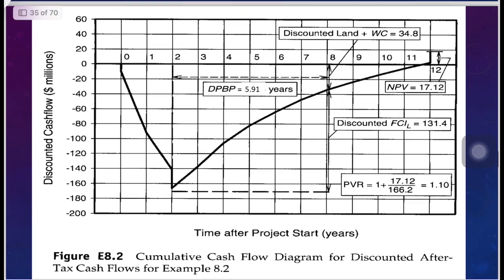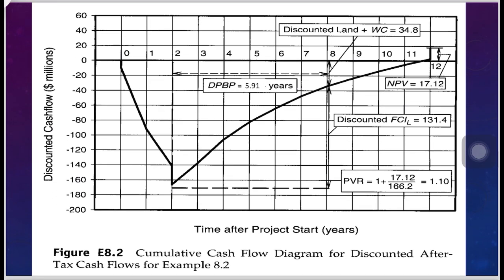So this is what it looks like. The discounted and the non-discounted criterion are actually the same. But it would be best if we account for the discounted cash flows, especially if your project is long, or for large projects.